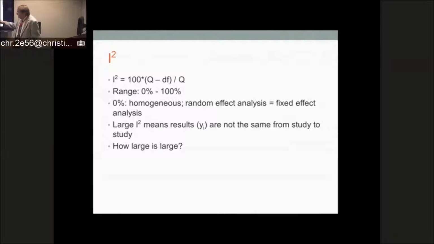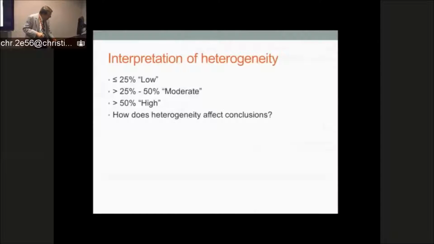However, if you have a large I-squared, then the results are not the same from study to study. So the question is how large is large for I-squared? You'll see some categorization of the I-squared statistic, like less than 25% is low, 25 to 50% is moderate, and above 50% is high.